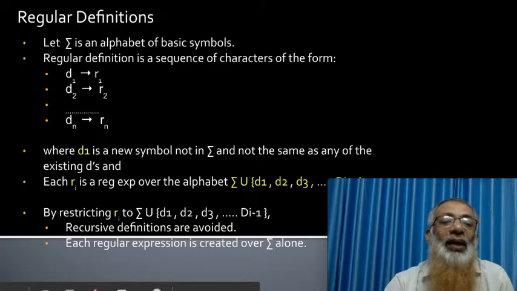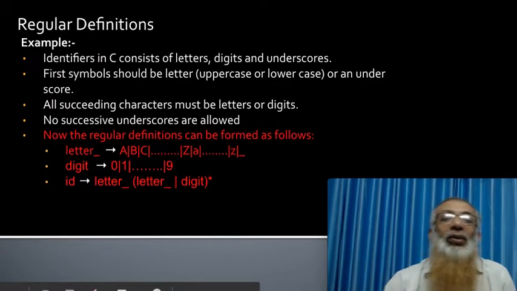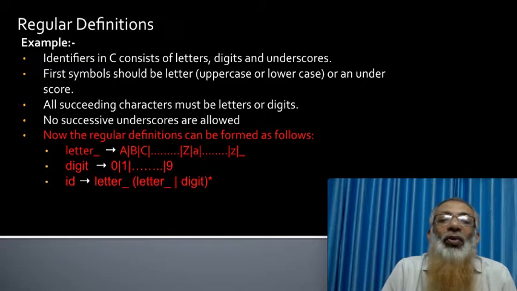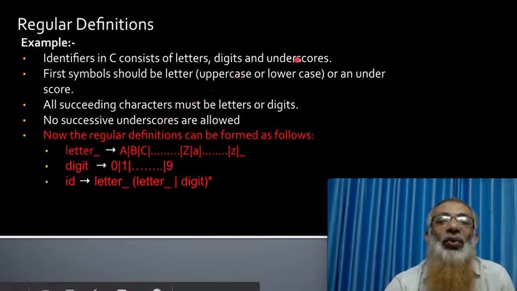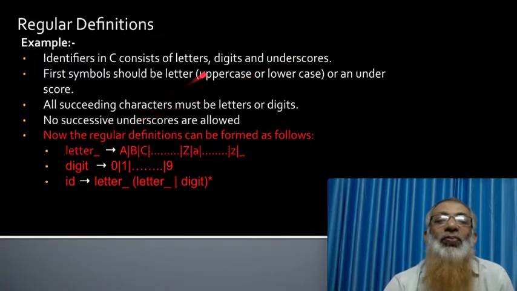Now, let us see one example of such a regular definition. Here we know about an identifier in C. It is a combination of letters, digits and underscores. The first symbol in an identifier should be a letter.